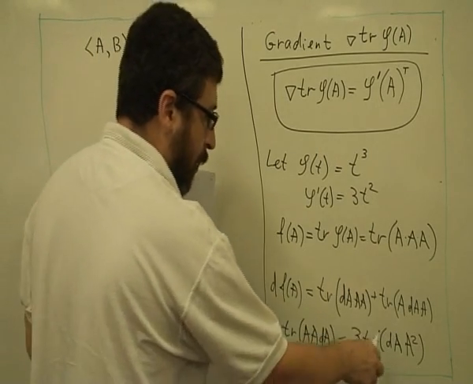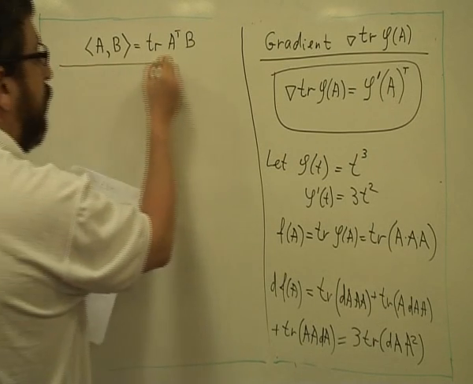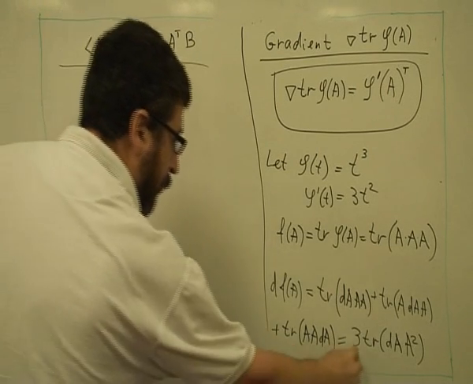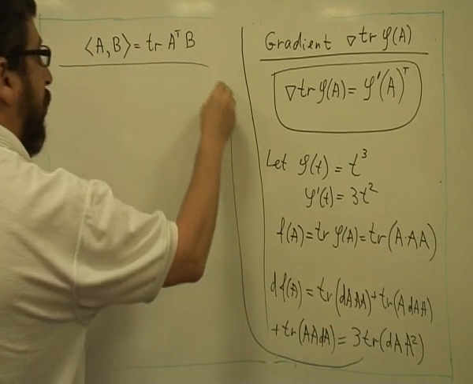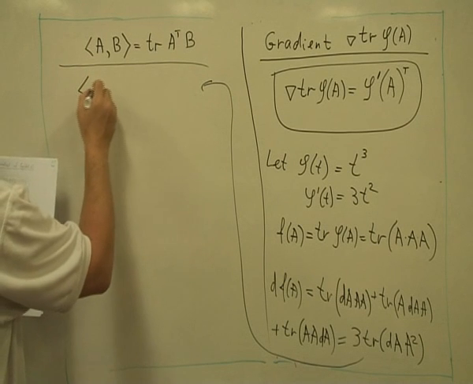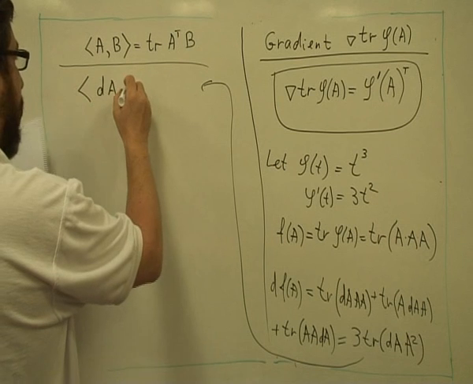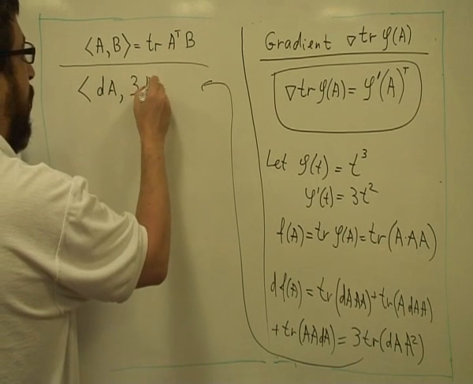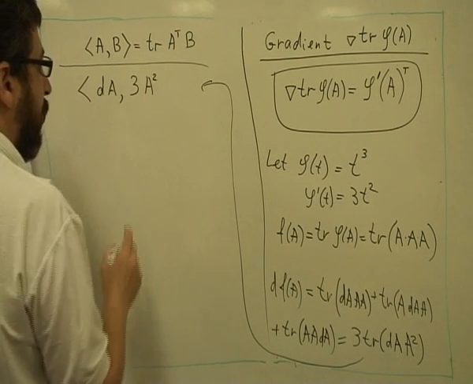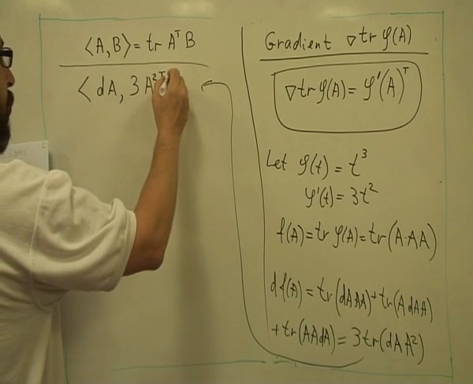So actually, what I have here, if I continue from here, I have a scalar product of dA with matrix 3 A squared transpose.